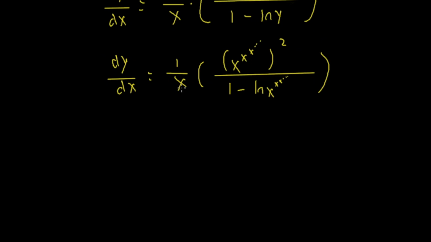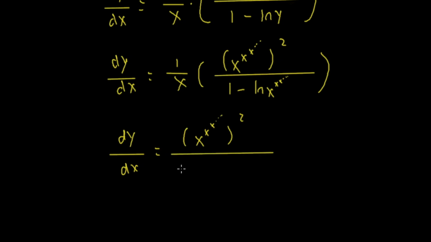If you want, you can distribute the x in the denominator and rewrite it like this. That will be x minus x times ln of x to the power of x to the power of x.